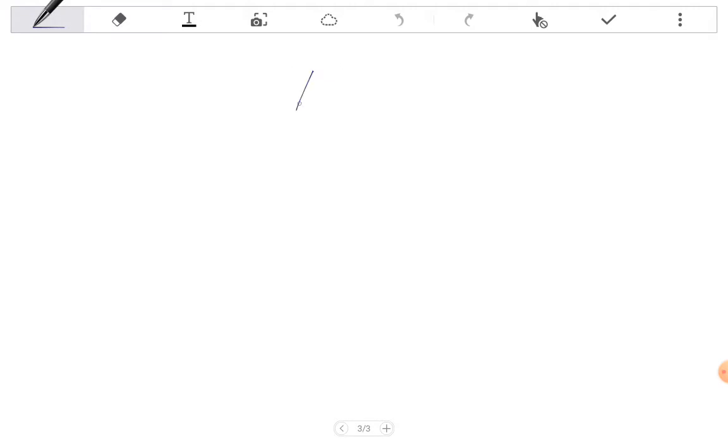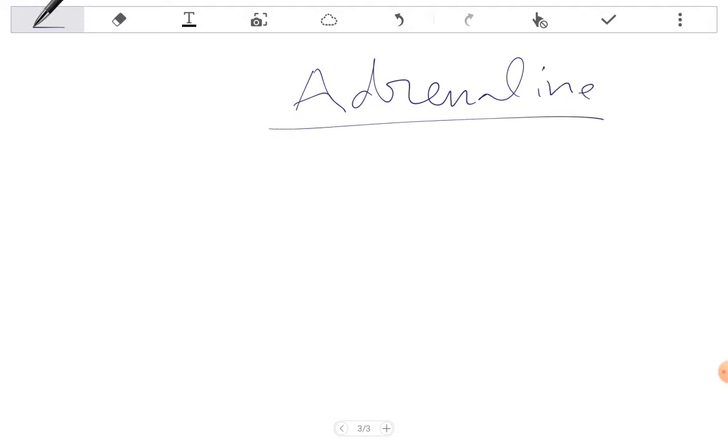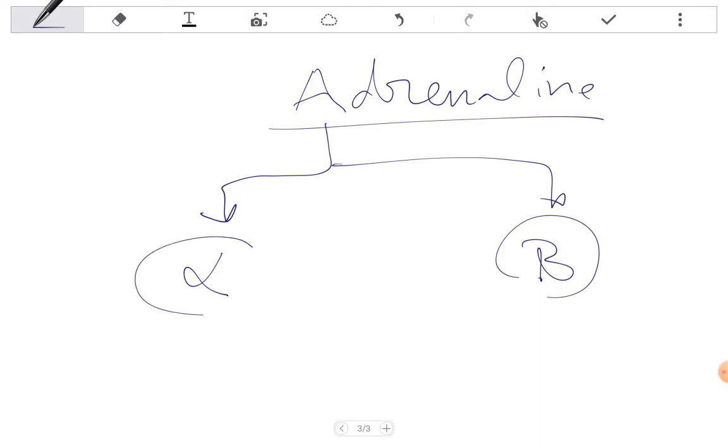So as you all know, adrenaline is a sympathomimetic drug, or it is a catecholamine that's released in the body from the adrenal medulla. And adrenaline is acting on both alpha receptors and beta receptors. However, it differs from noradrenaline in one thing.